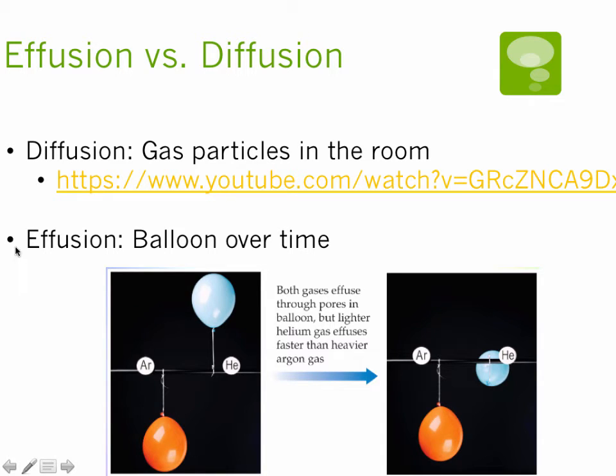Effusion with an E is about how a gas can escape through a small pinhole. If we look at this balloon over time, both gases effuse through small pinholes, but the lighter gas actually effuses faster, because remember, lighter moves faster, and the faster the gas moves, the faster it will escape through a balloon.